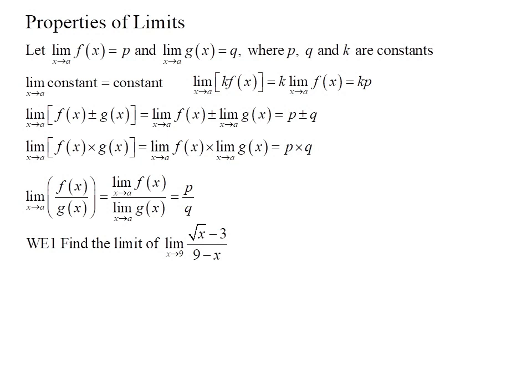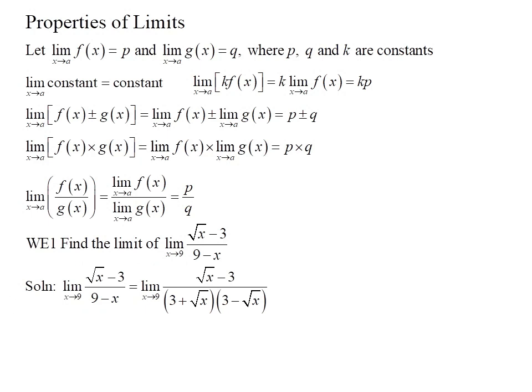As we can see, the denominator 9 minus x can be factorized to 3 plus square root x, in parentheses, times 3 minus square root x, in parentheses. As for the numerator, square root x minus 3 can be written as negative open bracket 3 minus square root x close bracket.